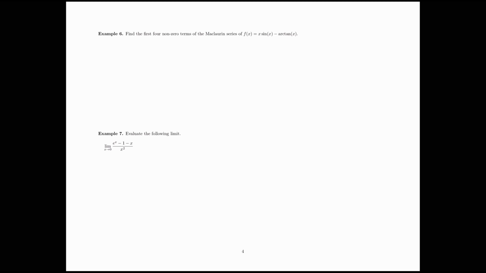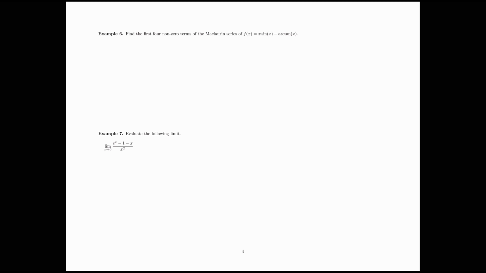So what we're going to do first is just write down, whether we look it up in a textbook or Google it on our phone, look at the Wikipedia page, let's just say we find the Maclaurin series for sine of x and arctangent.